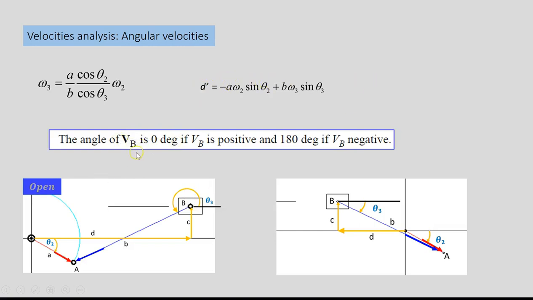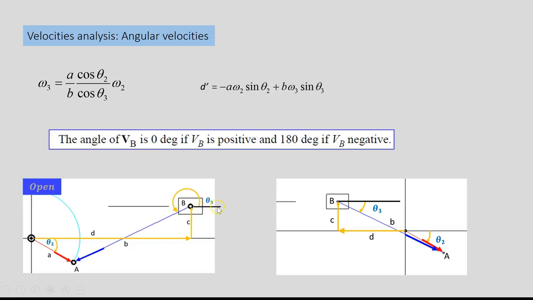So the VB magnitude would be the absolute value of d prime, and the angle would be 0 if d prime's value is positive. If d prime's value is negative, the angle would be 180 degree. Why is that? Once again, if you just look at this diagram, let's consider the slider is moving towards the right direction.